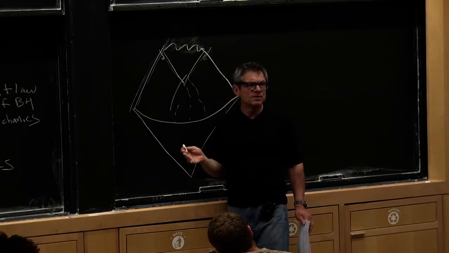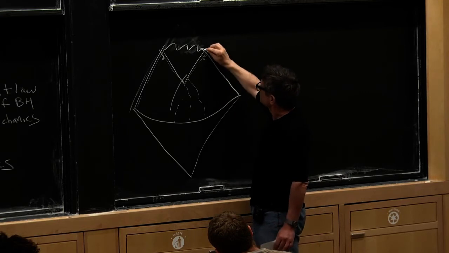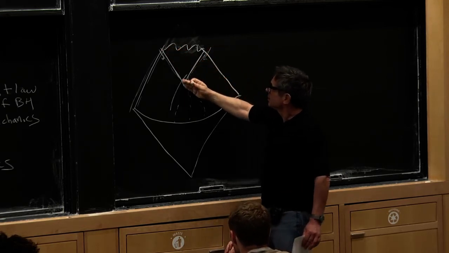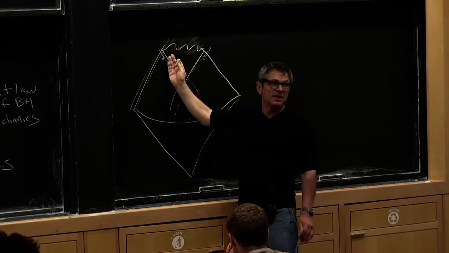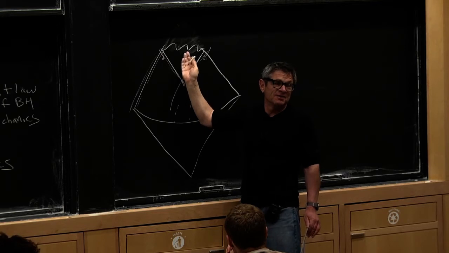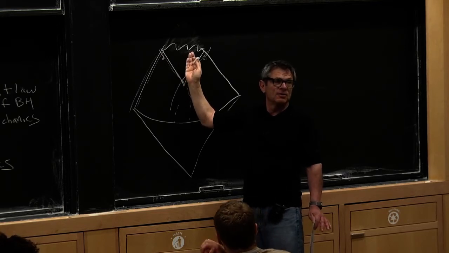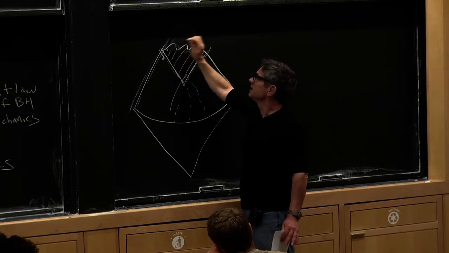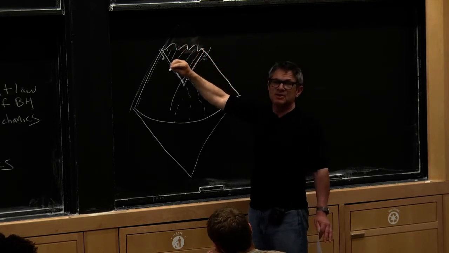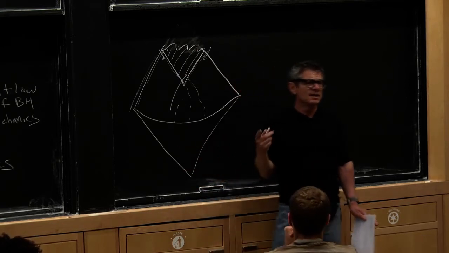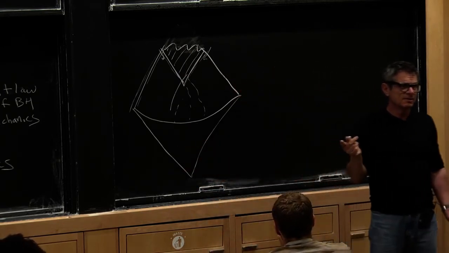So in other words, as we discussed before, the complement of the causal past of null infinity is the black hole. So that's this region here, the region you can't see from infinity. And cosmic censorship says singularities may sometimes occur, but they're always hidden inside of an event horizon.